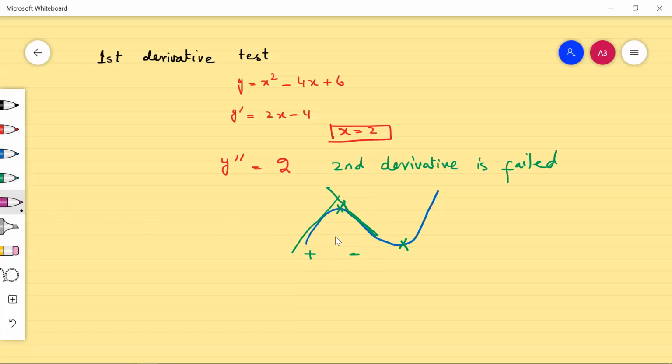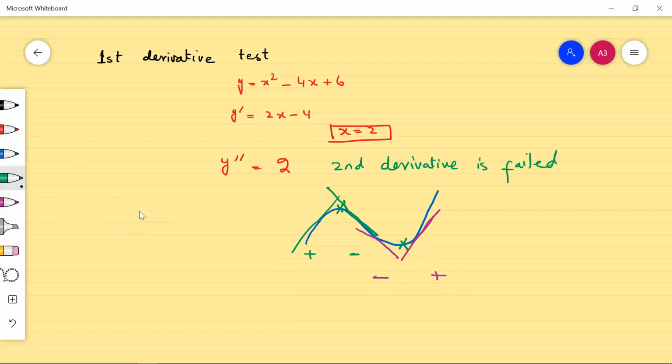Similarly for this point, look at this. If we draw the slope before this, it will be like this, while after this, the slope will be like this. So before this point, the slope was negative, while after this, the slope was positive. This is all about the first derivative test.